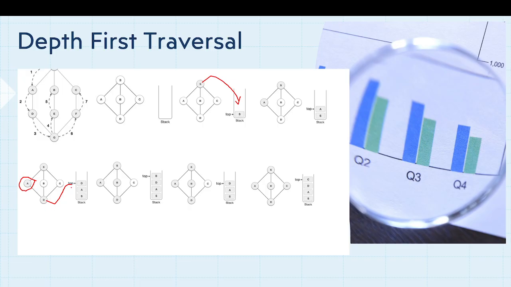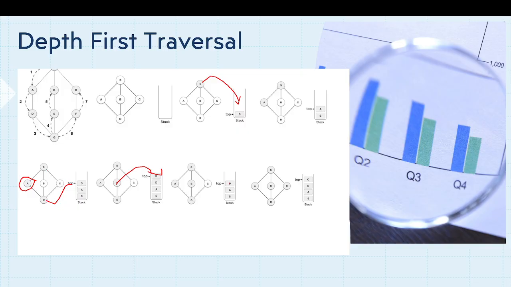Next, we visit the element on the top of the stack, that is D, and put the nodes that are connected to D on the stack. Next, we visit the node on the top of the stack, that is B, and it has only one connected node, that is S, which is already visited.